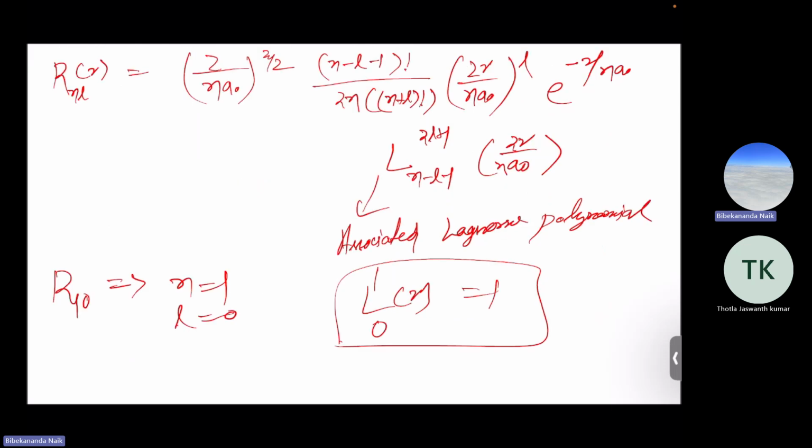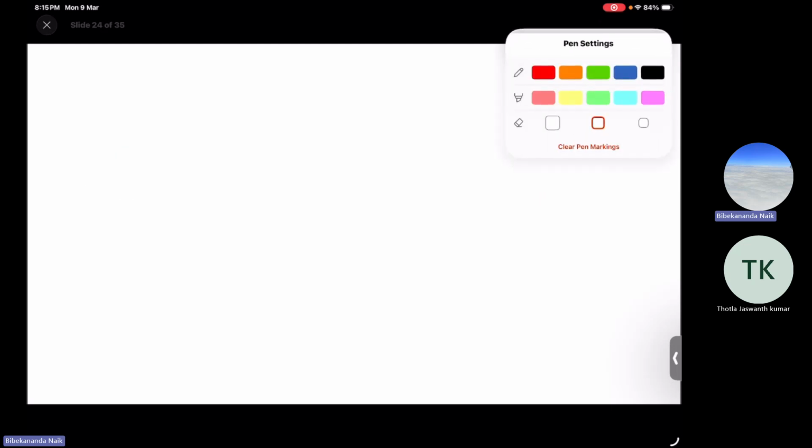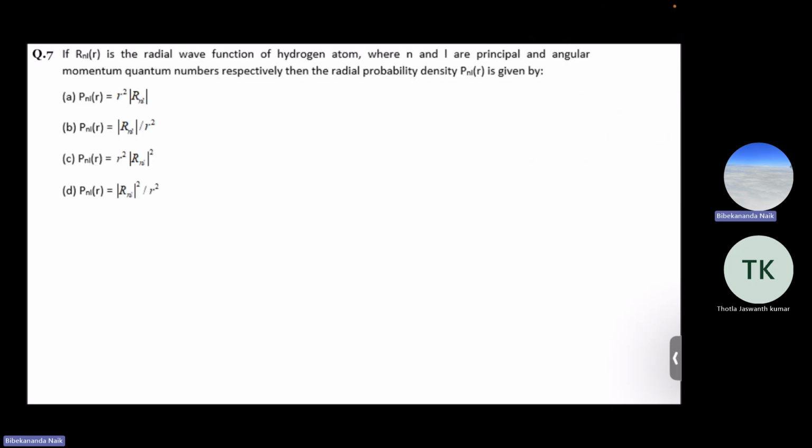Now we move to question number 7. It says, if RNL, which is a function of r, is the radial wave function of the hydrogen atom, where n and l are the principal and angular momentum quantum numbers respectively, then the radial probability density PNL(r) is given by, so we have already discussed it.